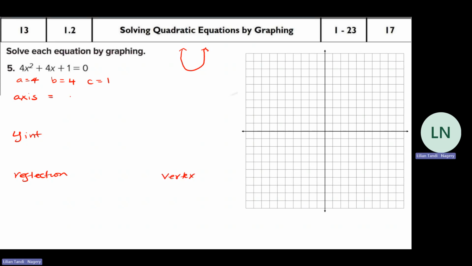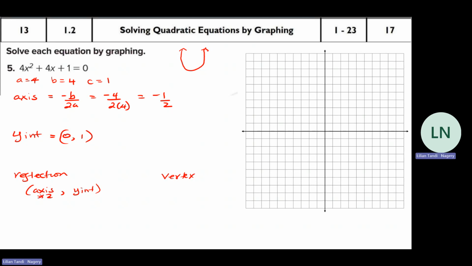Okay, axis will be -b over 2a, -4 over 2 times 4, which should be -1/2. Okay, y-intercept is 0, 1. Reflection will be axis and y-intercept.